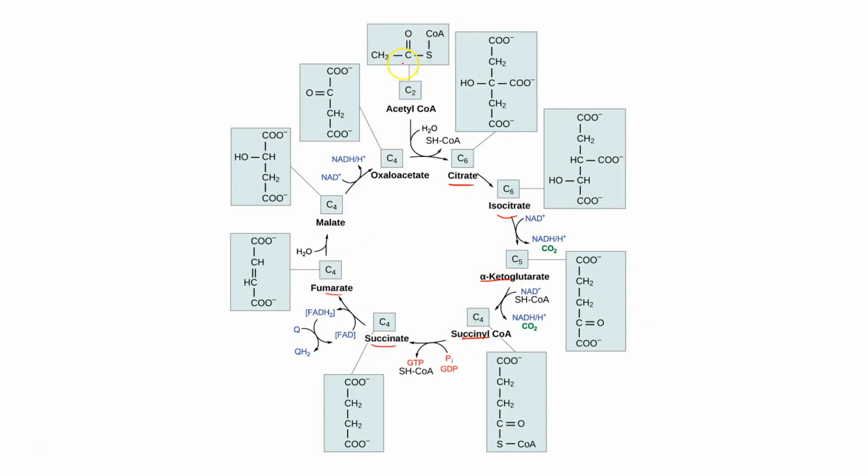But basically acetyl-CoA, which looks something like this, turns into citrate, then isocitrate, then alpha-ketoglutarate, then succinyl-CoA, then succinate, then fumarate, malate, and then oxaloacetate. Very complex process, and certainly don't worry about knowing it. But I do like to show you how complex it is.